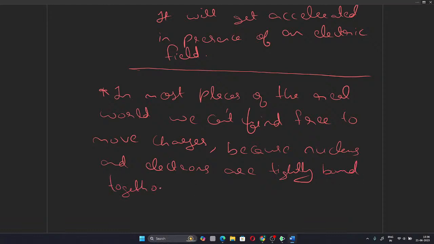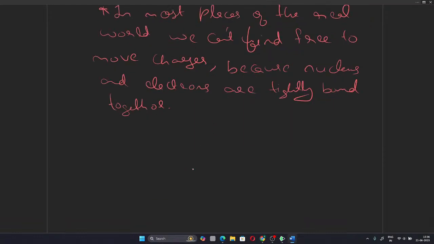But there is an exemption given in the textbook, which is the ionosphere, where we can indeed find free to move charges, free charges, but not on Earth.